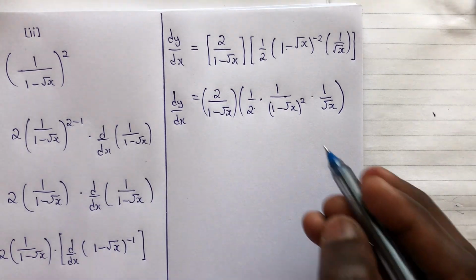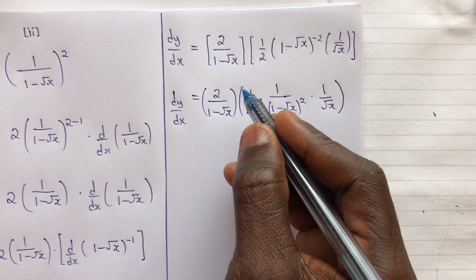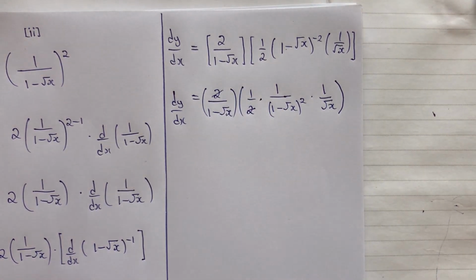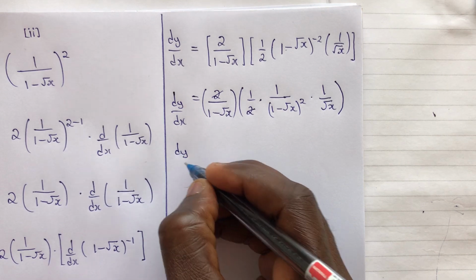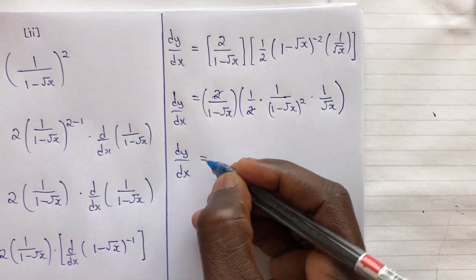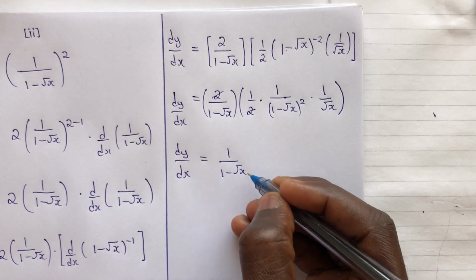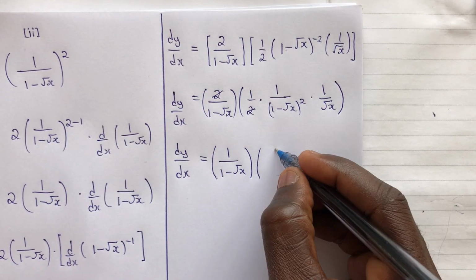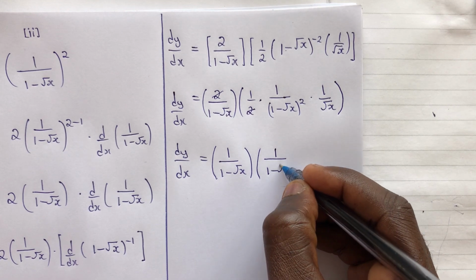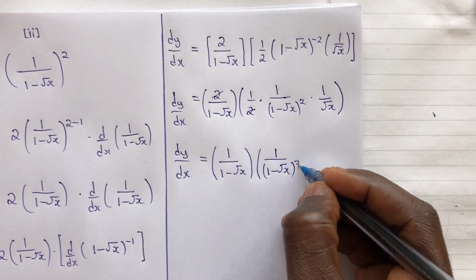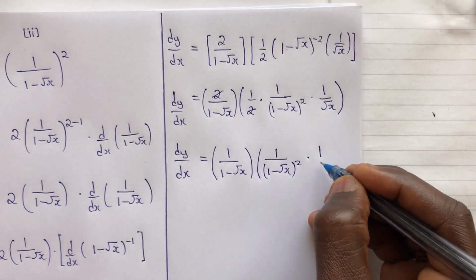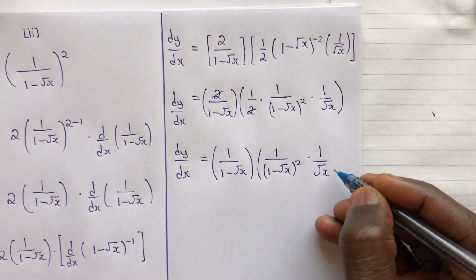All right, so now this can cancel this. We can choose to do that. So we have our dy/dx giving us 1 over 1 minus root of x times 1 over 1 minus root of x all squared times 1 over root x.